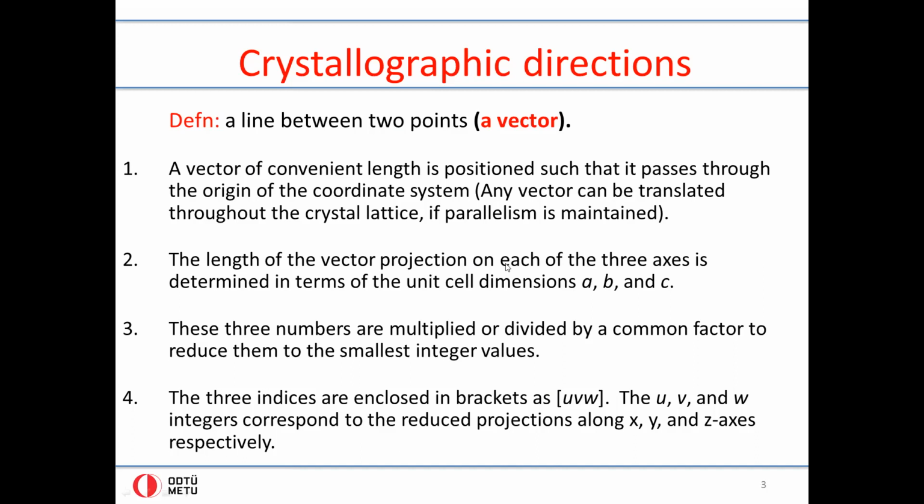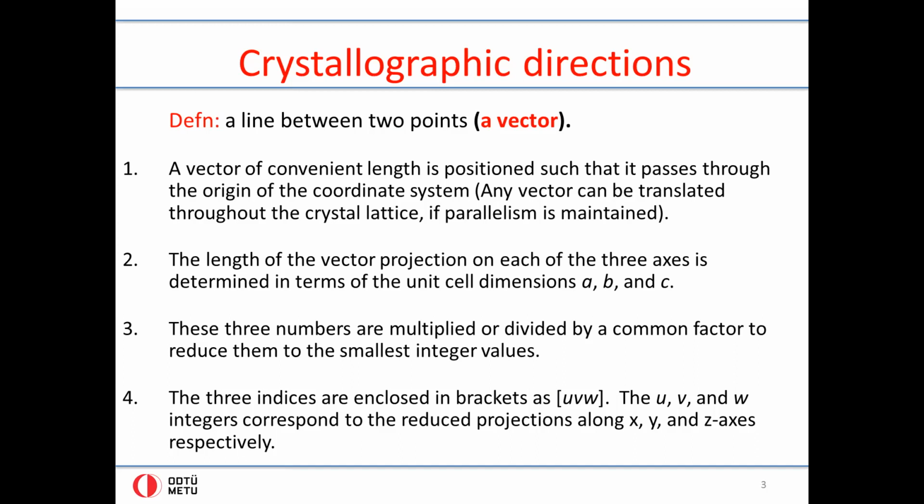The length of the vector projected onto each axis is determined in terms of unit cell dimensions, again, A, B, and C. So again, using multiples, using values between 0 and 1, these three numbers that are the coefficients of A, B, and C are multiplied or divided so that the smallest set of integers can be obtained.